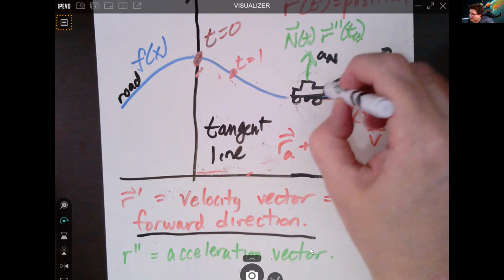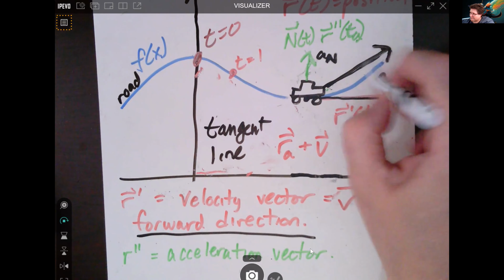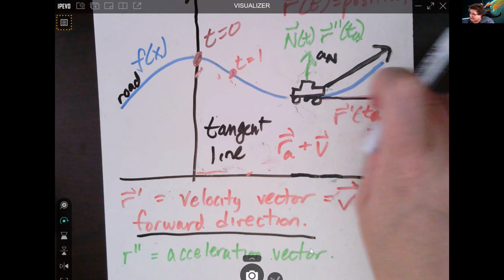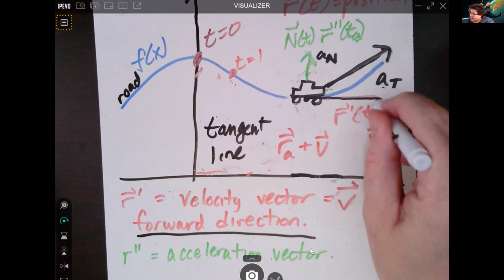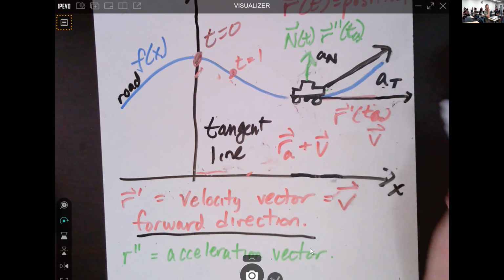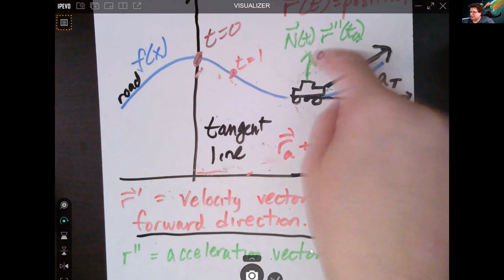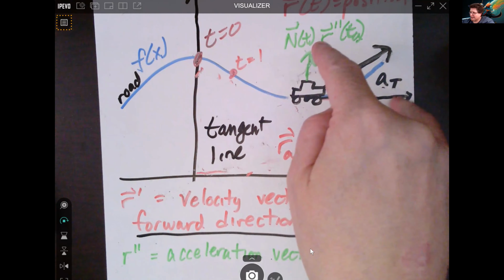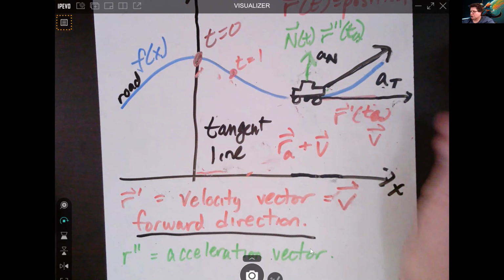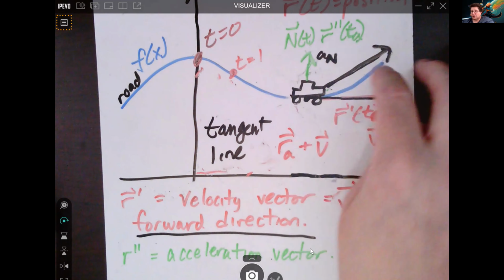Basically, it's centripetal force and tangent. Effectively, yes. So when we're doing 12.6, we'll break down this information. But right now, we're just learning the math of what these vectors are.